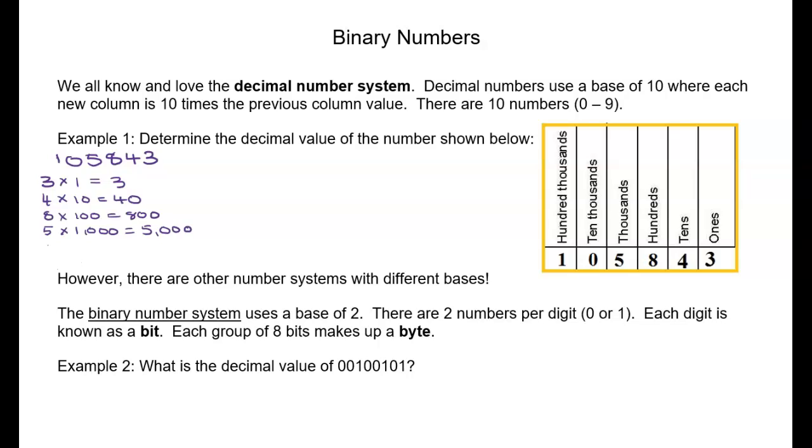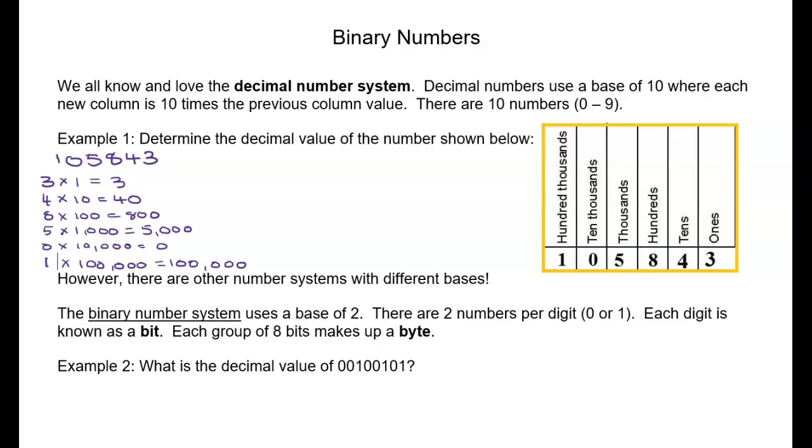And then I have 0 ten-thousands, so 0 times 10,000 is 0. And I have 1 hundred-thousand, so that's going to get me 100,000.